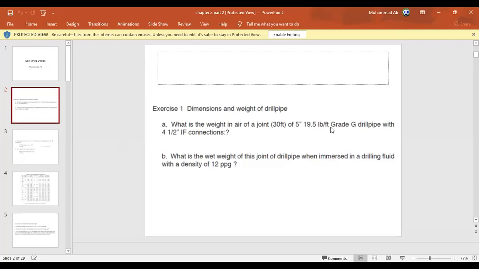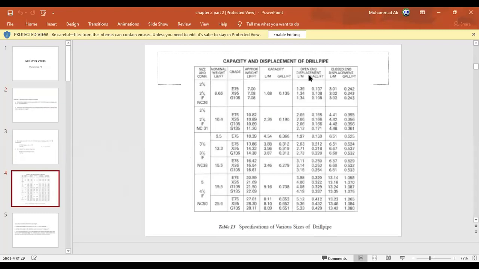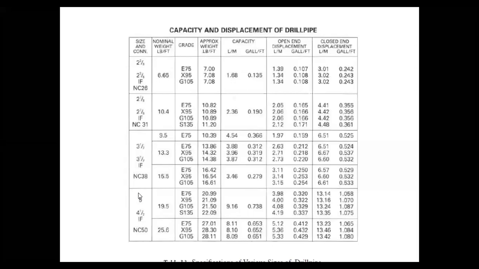Now, when we talk about grade G and 4.5 IF connection, we have to look at its weight also. In drilling engineering, we have lots of tables, and these tables tell us the details of the weight. So let's look at this table. I hope you can see that. We are looking at the 5-inch pipe, and the tool joints, we are looking at 4.5 IF.